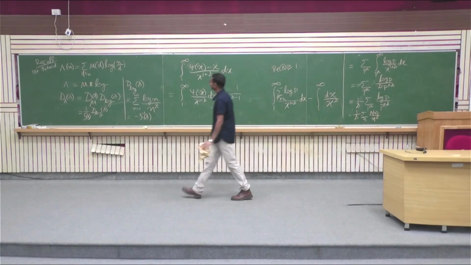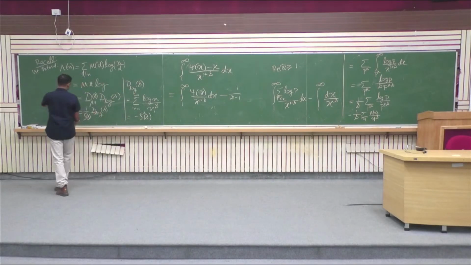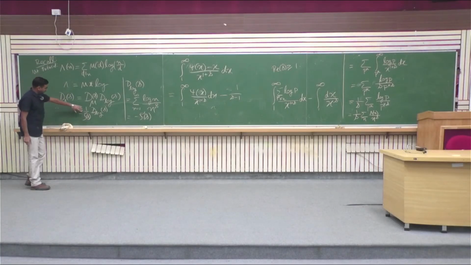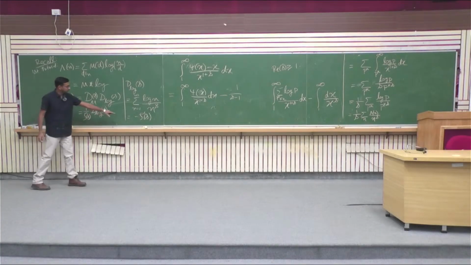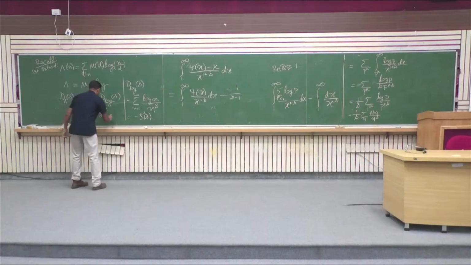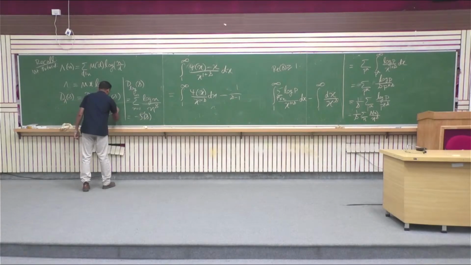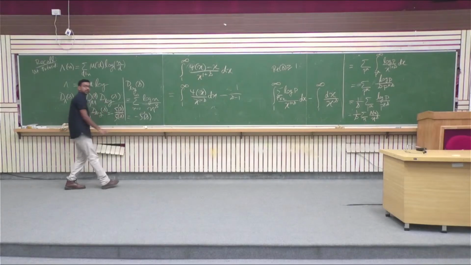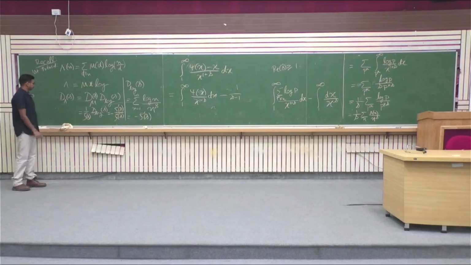Wait a minute. Here, d log(s), if we replace it by −ζ'(s), this becomes then −ζ'(s)/ζ(s), right?